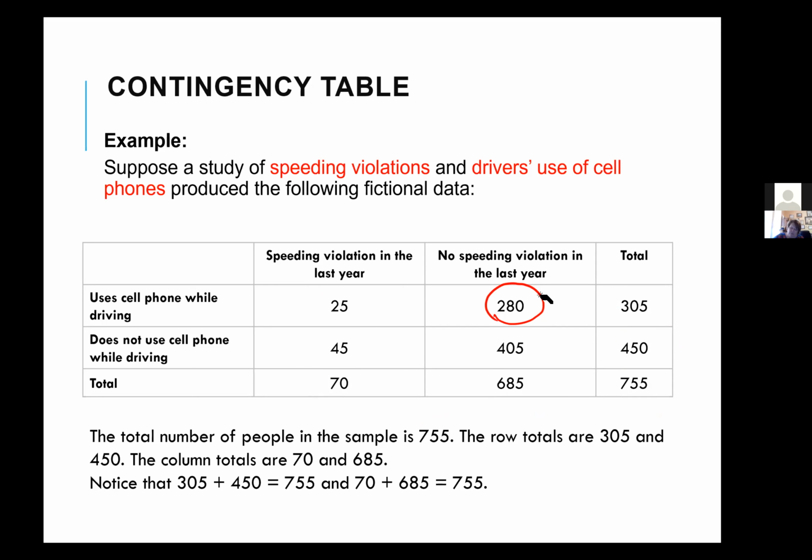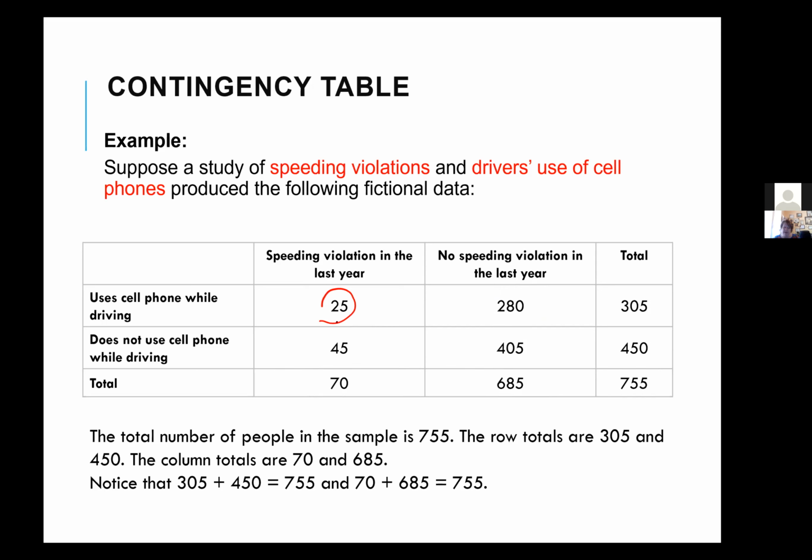In the second row, 45 people got a speeding violation and they were not using their cell phone. And 405 people were not using their cell phone and they didn't get a speeding ticket. So that's what a contingency table does.